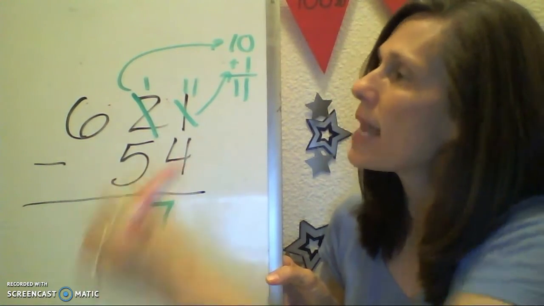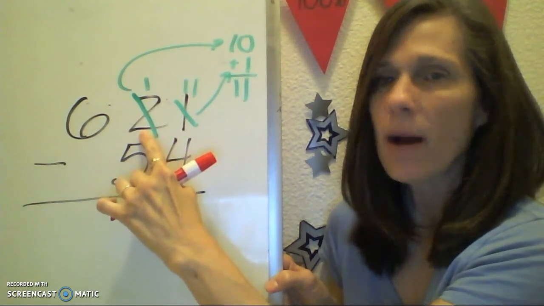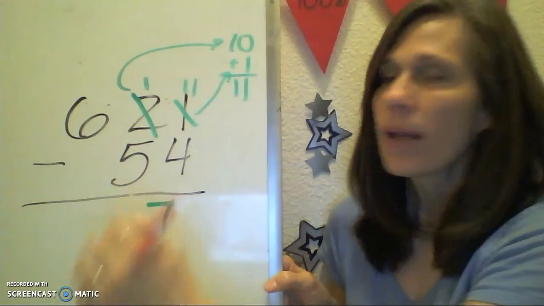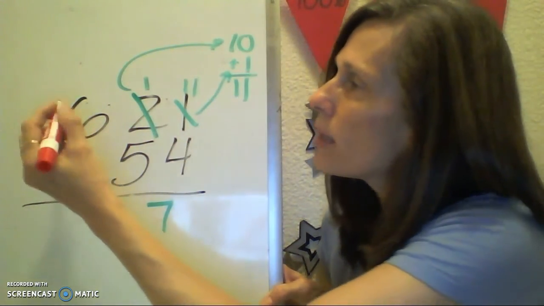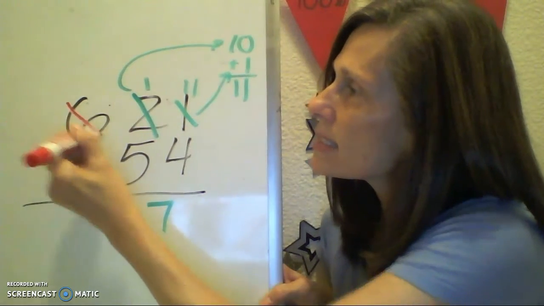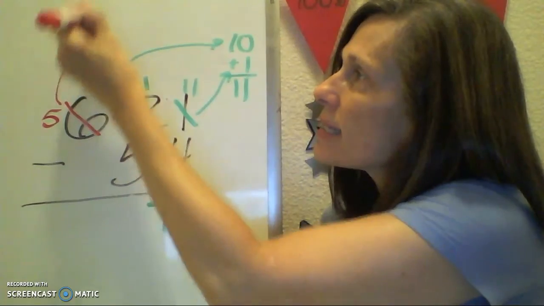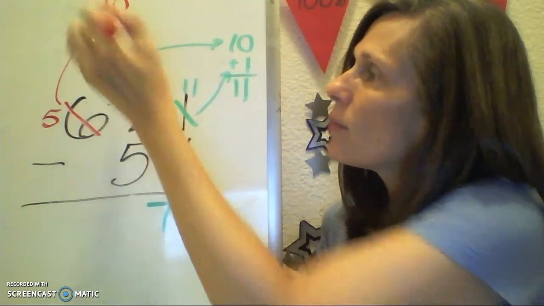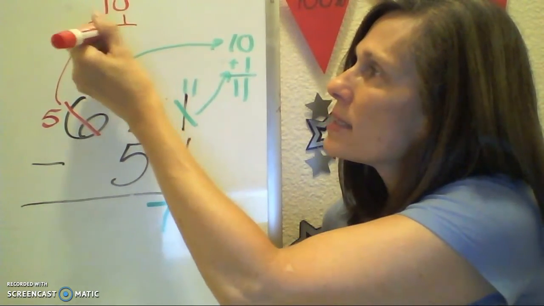So now I move to my tens place. 1 take away 5. It's no longer 2 take away 5. It's 1 take away 5. Can I do it? No. When there's more on the floor, I go next door. So the 1 asks the 6 for a set of 10. So the 6 turns into a 5, and the 6 says, here's your set of 10. Well, the 10 has to get together with this 1 here to make it 11.